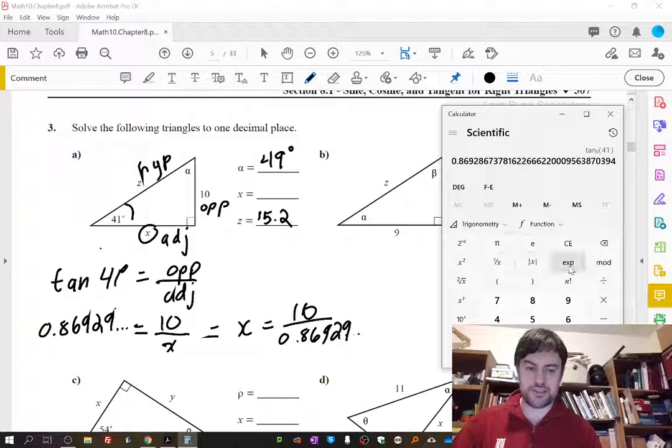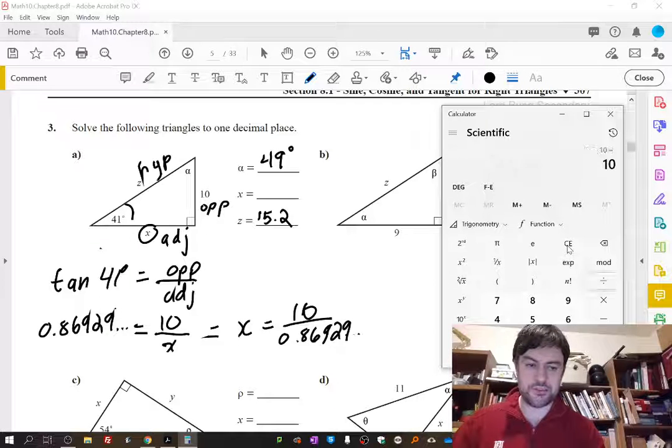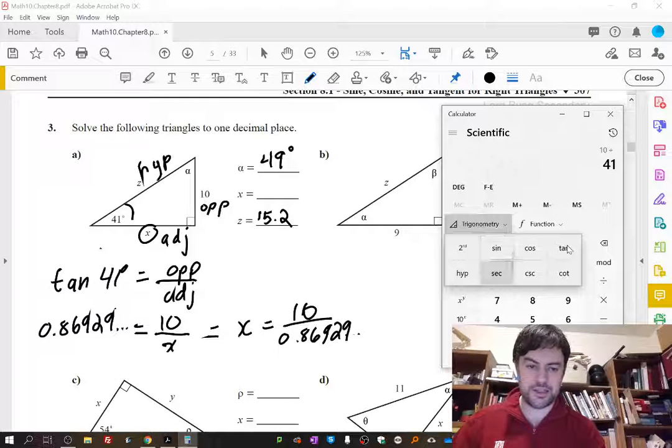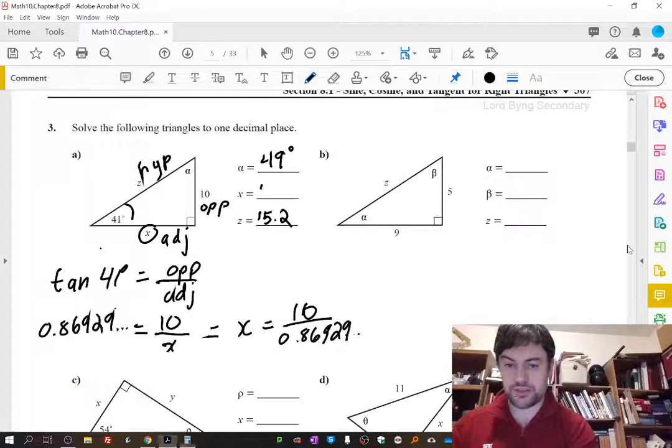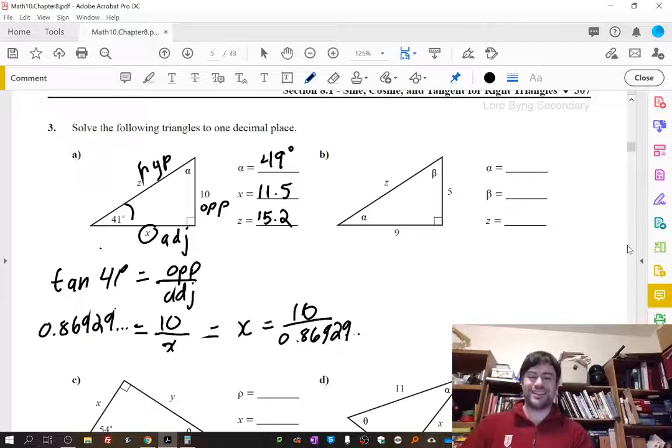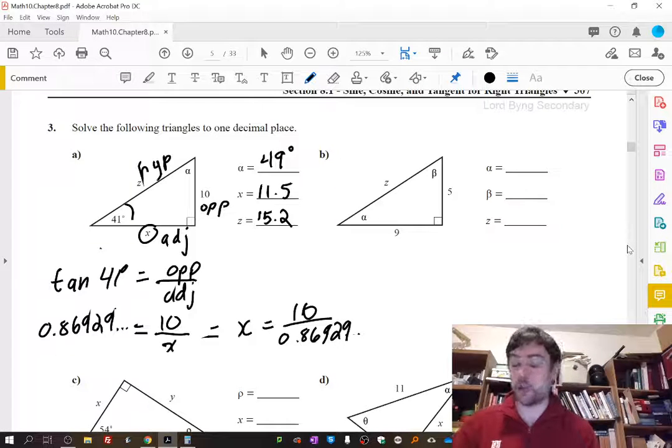Let's clear, and I'll recalculate it: 10 divided by tan of 41 equals 11.5. So x is 11.5. There you go, that's how I did it. Could you have used cosine there? Yeah, sure you could have. No problem. You could use a variety of ways of solving the question, but that's an example of how you might go about solving it.